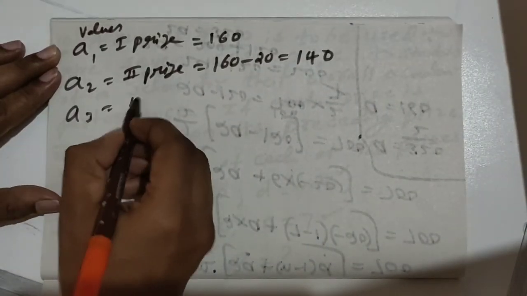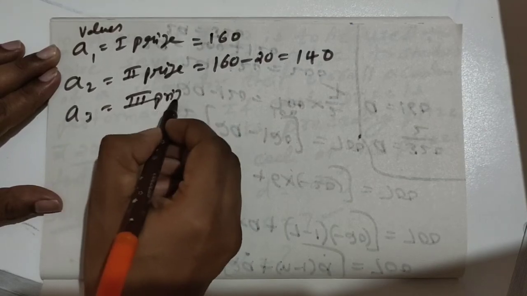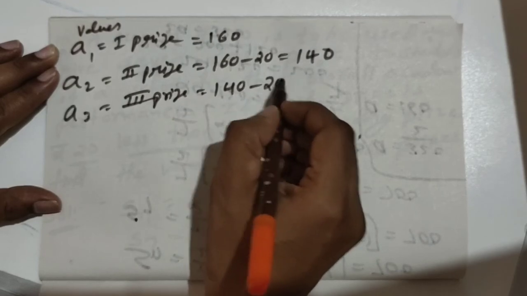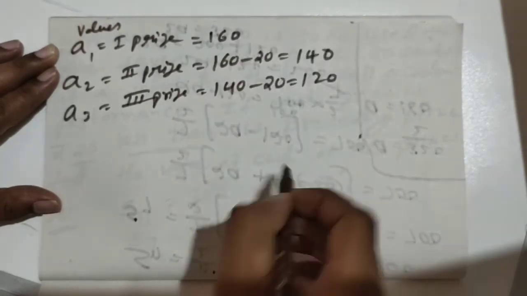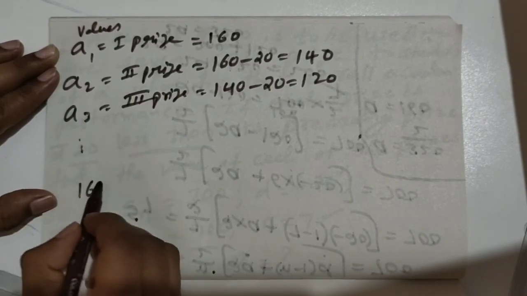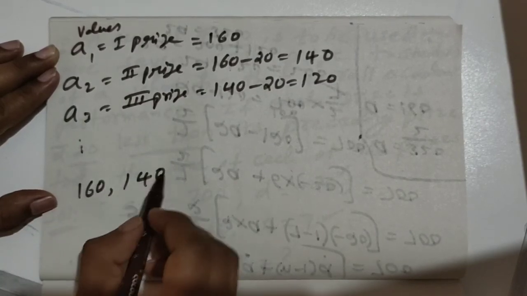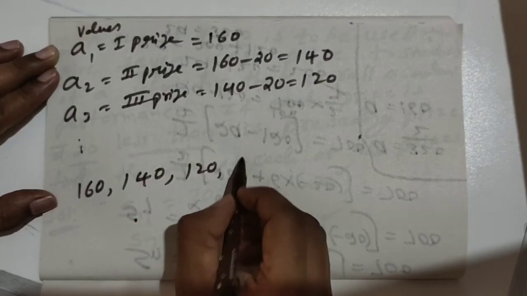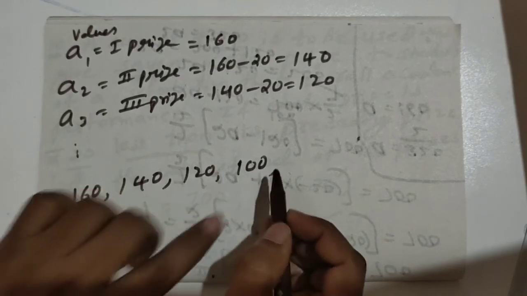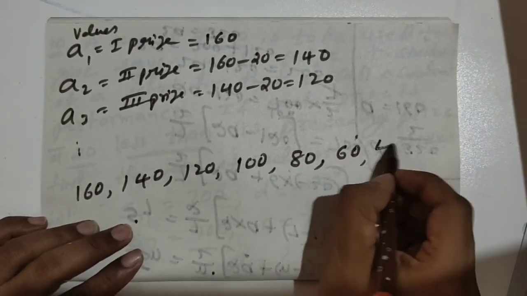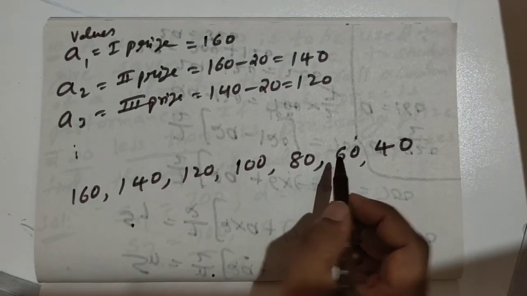And third prize, simply again subtract the 20 from the previous one, 140 minus 20, 120. Like this we have to write up to 7. So I am writing here the list: 160, 140, 120 and 100. 1, 2, 3, 4, 5, 6, 7. Okay, till here.